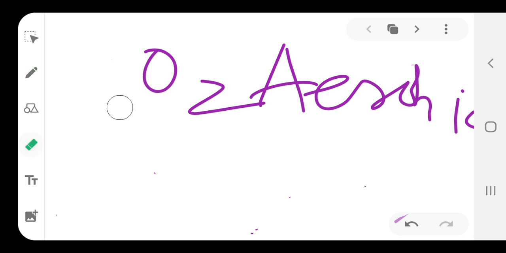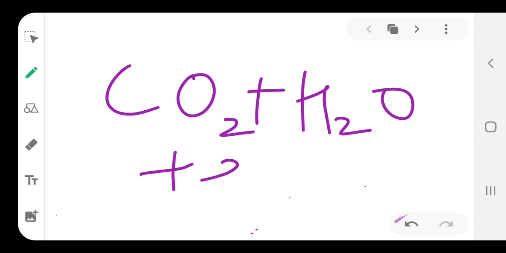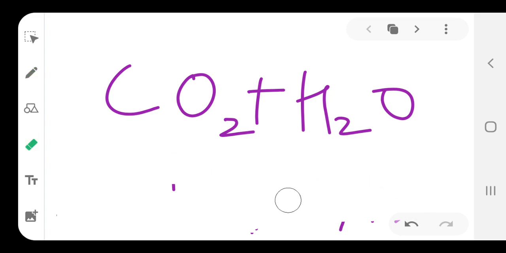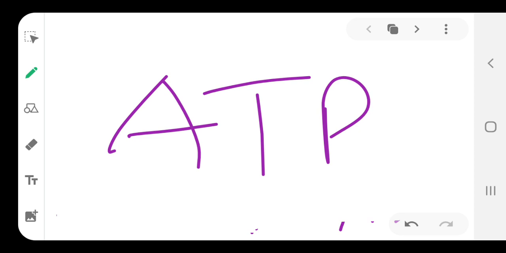This aerobic respiration takes place, of course, in the mitochondria, and here the pyruvate breaks up into carbon dioxide and water, and a major chunk of energy is released in the form of ATP, that is adenosine triphosphate.